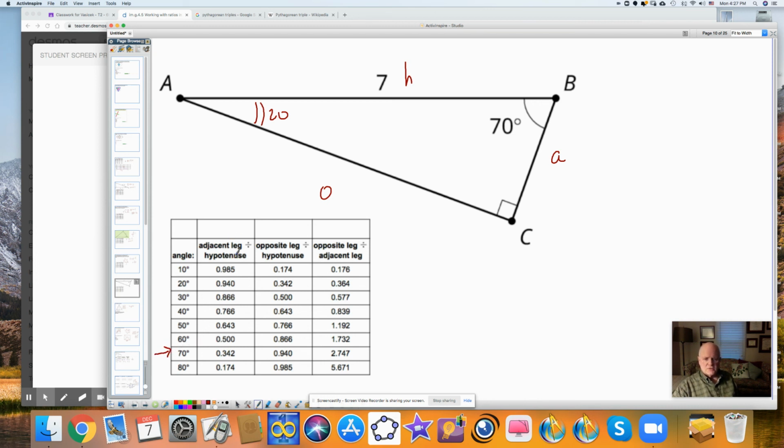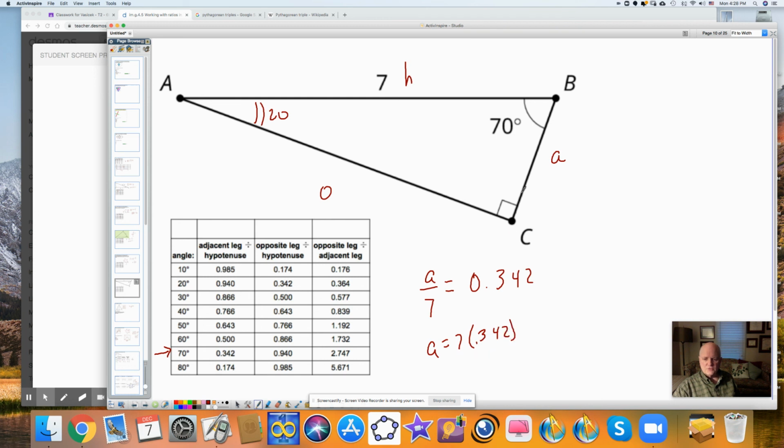The adjacent divided by the hypotenuse, that is A divided by 7, which is the hypotenuse, is equal to 0.342. When I multiply both sides by 7, I get A is equal to 7 times 0.342.